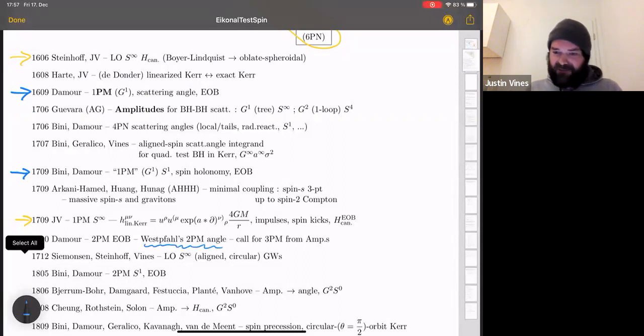But yeah, I just really found it amazing that the first time anyone ever asked themselves, okay, what about post-Minkowskian with spin, was in September 2017 when Bini and Damour did that for the first time using this very nice spin holonomy trick, if you will, a very nice trick to get the first post-Minkowskian, or G to the 1, result.